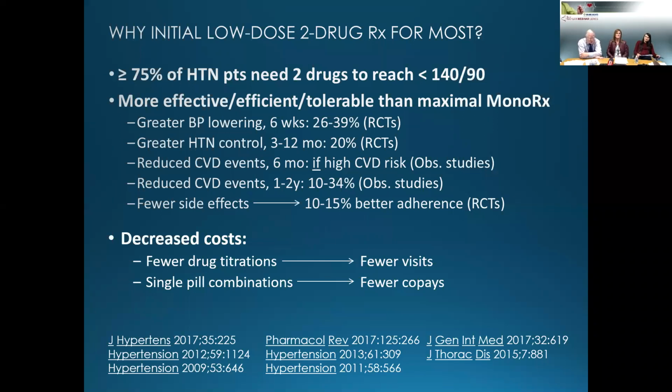In addition, because side effects are proportional to dose for most drugs, fewer side effects are present, which will improve patient adherence to therapy. In addition, initial low-dose 2-drug therapy results in fewer drug titrations and thereby fewer office visits. And if you can use single pill combinations for your patients, it reduces their number of copays.